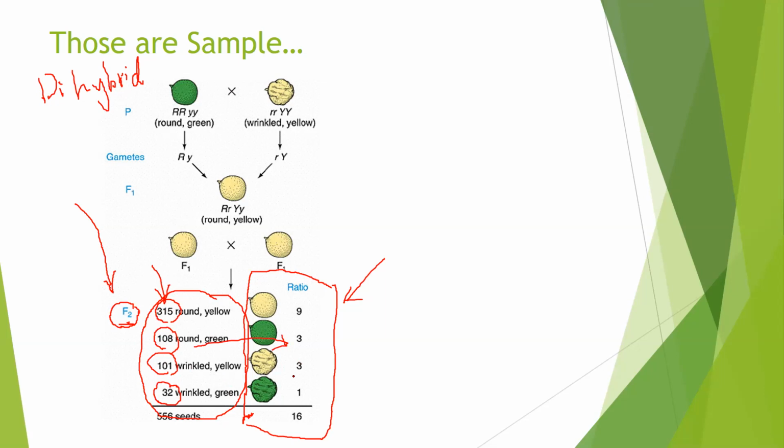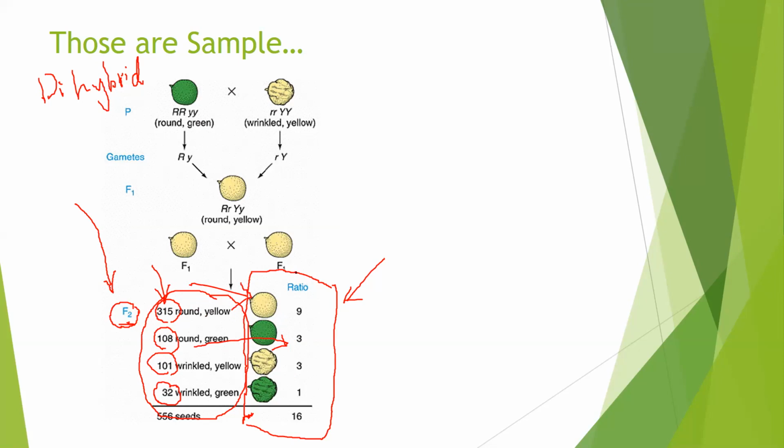But if the sample ratio is close enough to the expected ratio, then you have strong evidence to say your null hypothesis is true, and this sample ratio is equivalent to the population ratio. Then we can make a conclusion: we believe these two genes are sorted independently during meiosis.